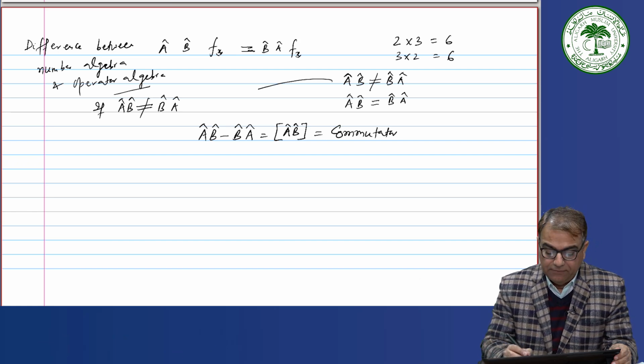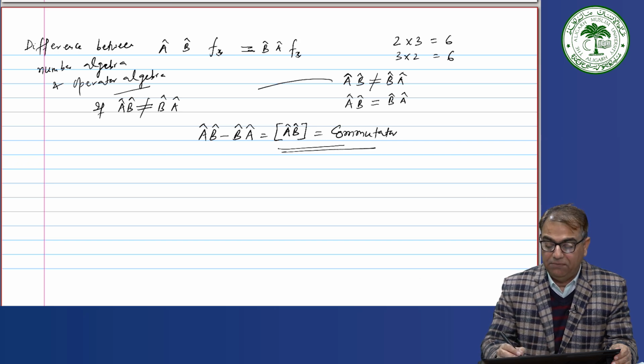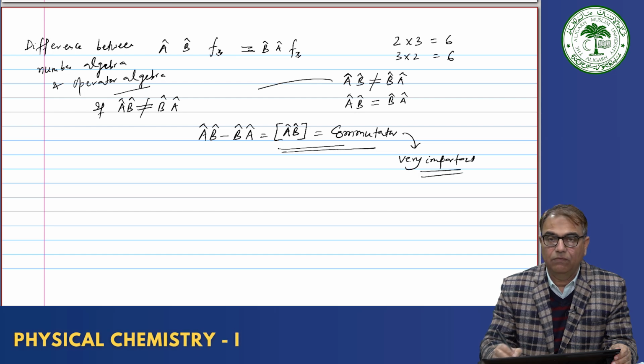If you multiply, these two may be equal, may not be equal, and thereby the difference between the two operations is given a symbol, the commutator. And this is very significant, very important in quantum mechanics, this commutator. Okay.